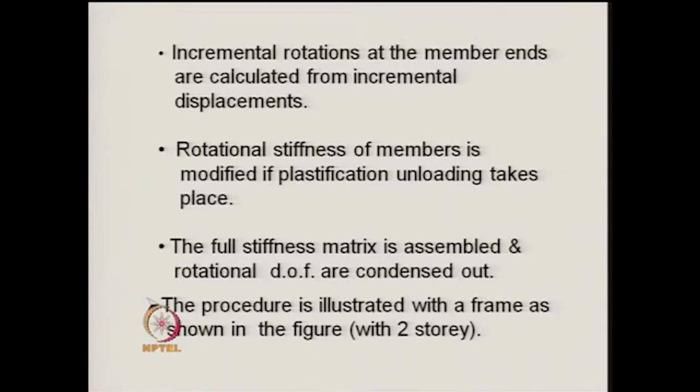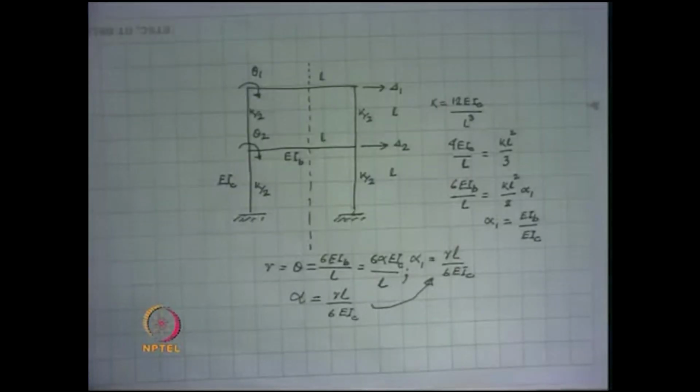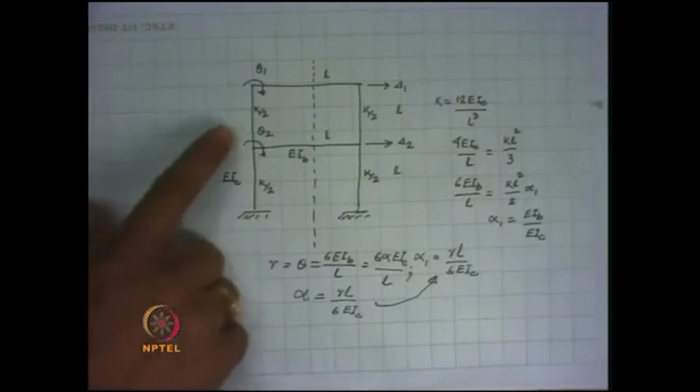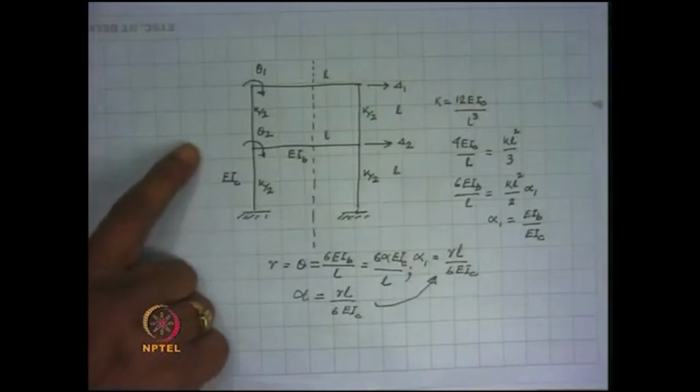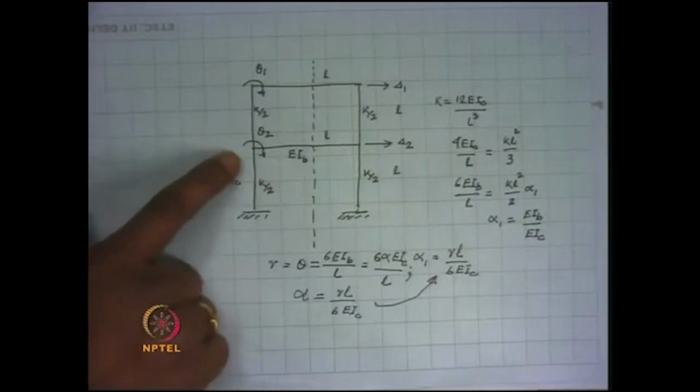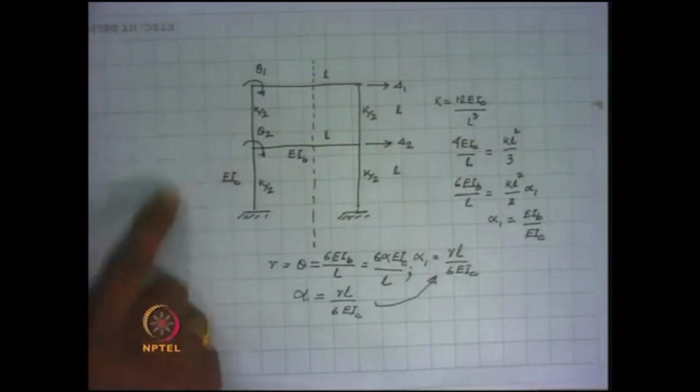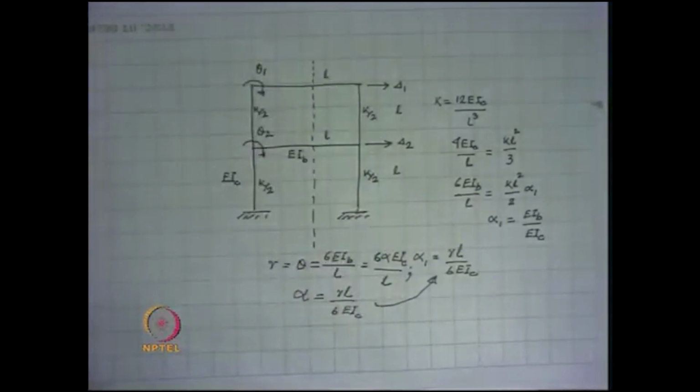The procedure here is explained for this two-story frame that is shown over here. The frame has an antisymmetric case because under lateral load the frame will behave antisymmetrically.